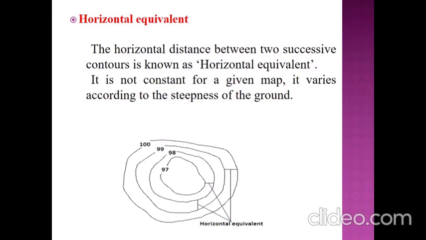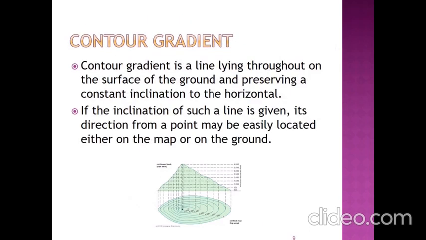Then next is the contour gradient. So basically the contour gradient is a line lying throughout on a surface of ground and preserving a constant inclination to the horizontal. If the inclination of such a line is given, its direction from a point may be easily located either on the map or on the ground.